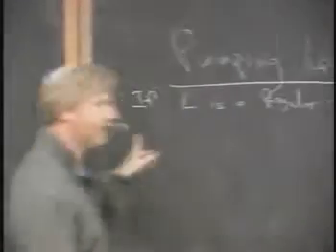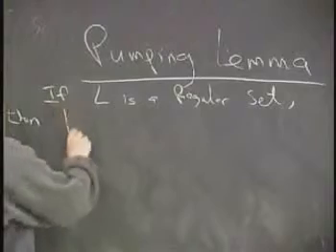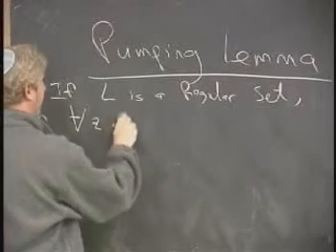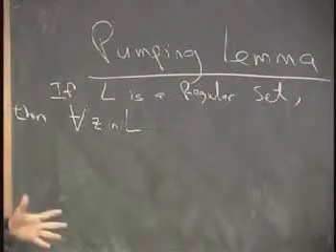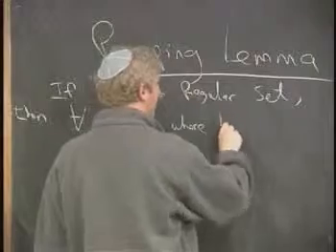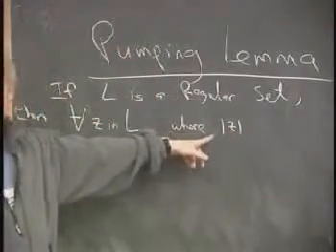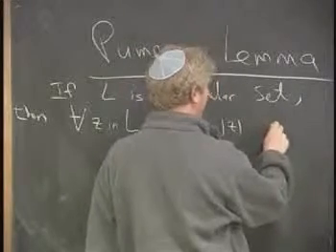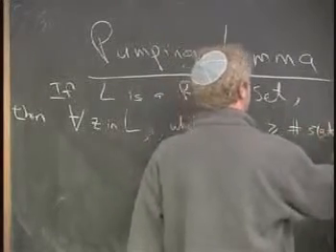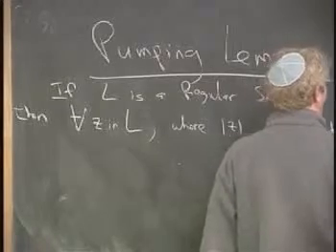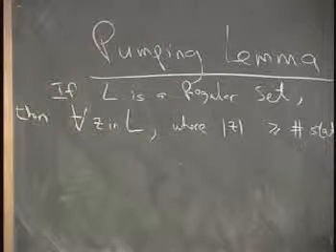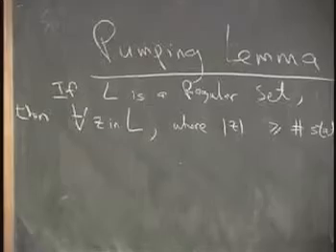If L is a regular set, then for every Z in L, Z is a string, so for every string in L where the number of symbols in Z is greater than or equal to the number of states in the machine for L. Okay, so that's the first step.